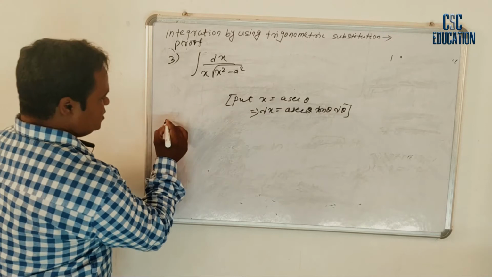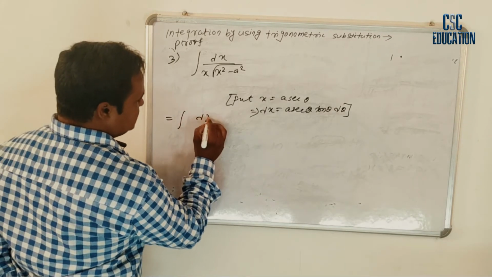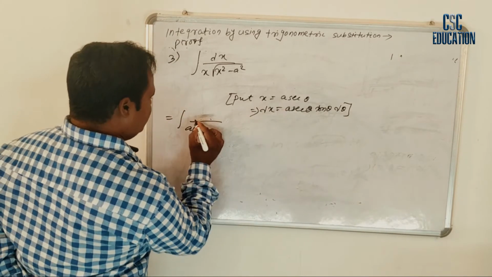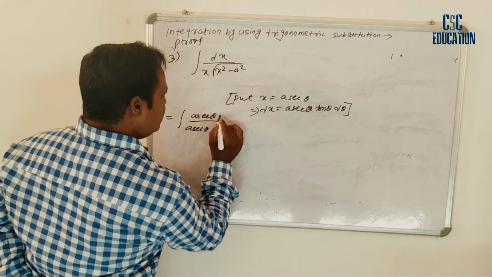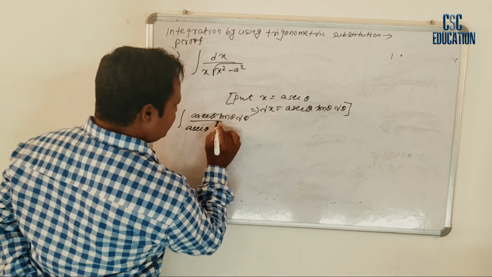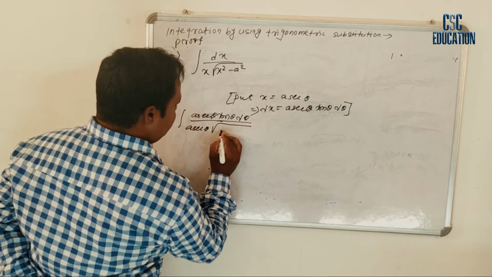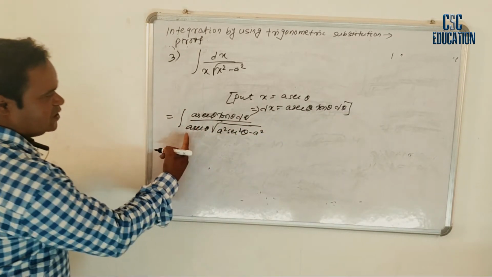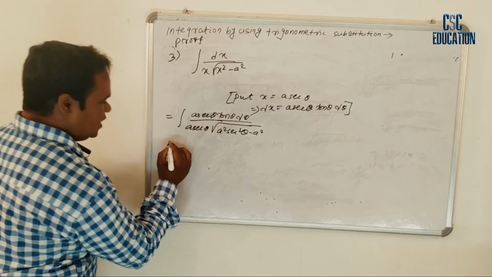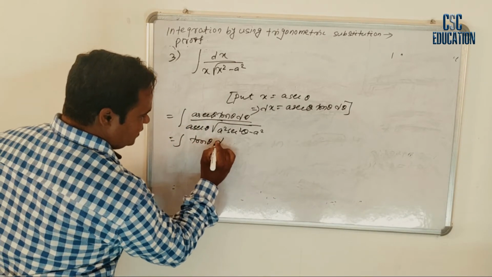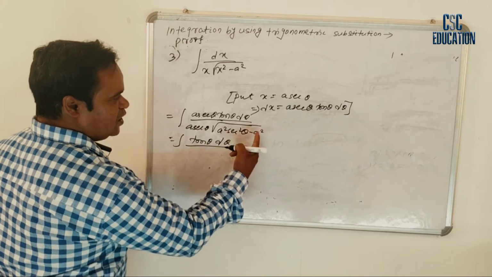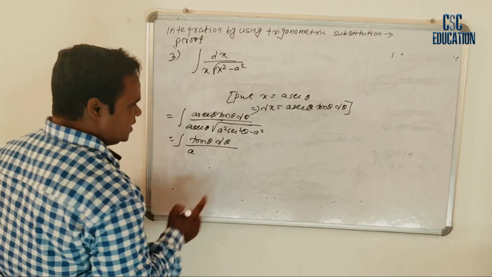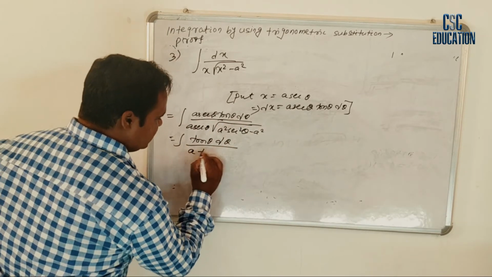Okay, alright. So this value equals dx, which is a sec theta tan theta d theta, divided by the root over a square sec square theta minus a square. Now the a sec theta and a sec theta cancel out. Now the value is tan theta d theta over a times the root of sec square theta minus 1, taking a square as the common factor. Sec square theta minus 1 is tan square theta, and the root is tan theta.